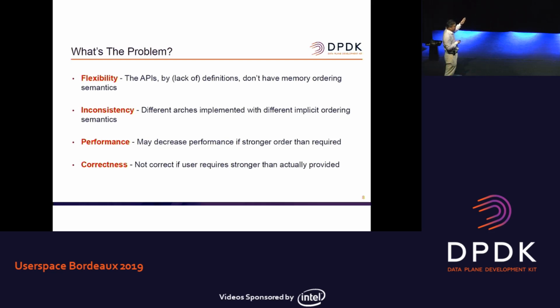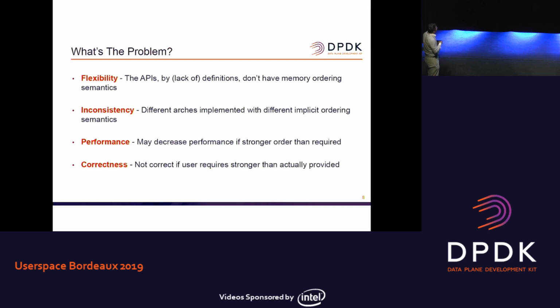For x86, it is very strong. For ARM, maybe partially strong; for some use cases it's strong enough, but it hurts performance, and for some other use cases, it's not strong enough. So these APIs have fixed memory ordering semantics for each implementation, with no flexibility.